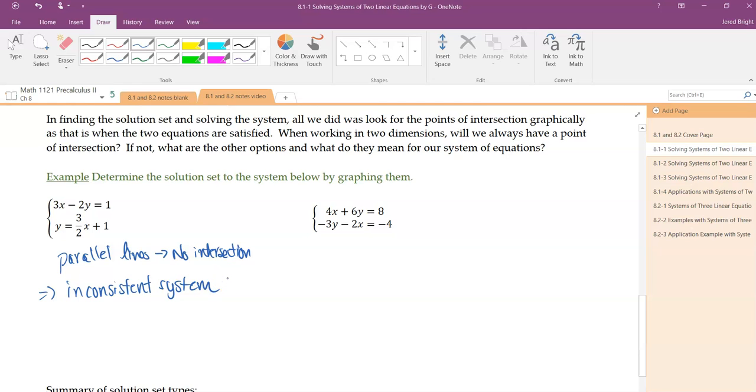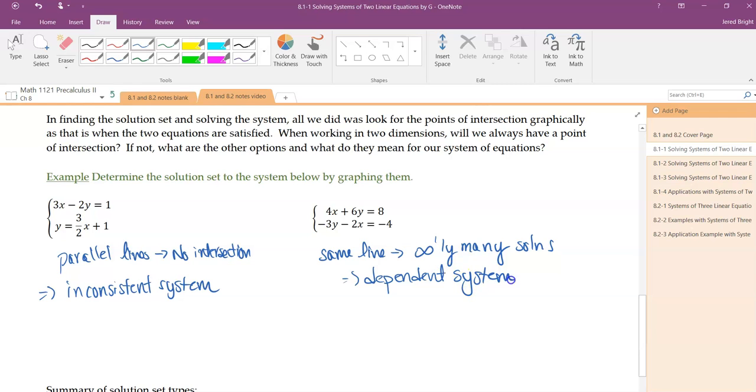For the second system, these are the same line, and here we had infinitely many solutions consequently. When we have this, we call the system dependent.